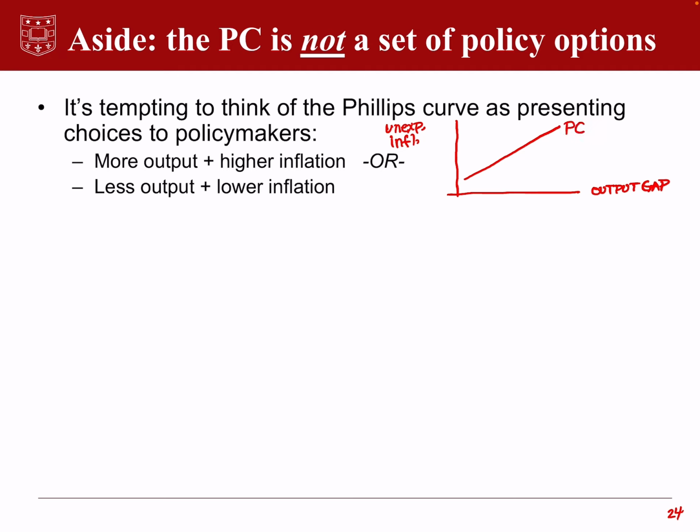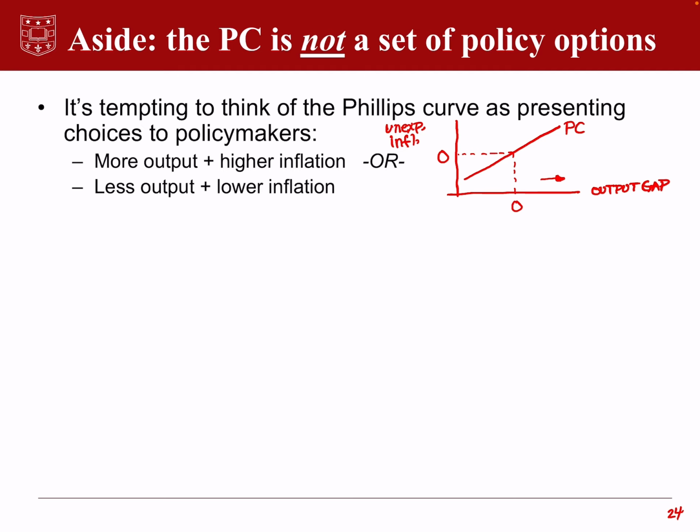What it sort of suggests to us is that we could be, so this is our zero. If it is the case that we just pushed the economy a little bit harder, we could have a more positive output gap.